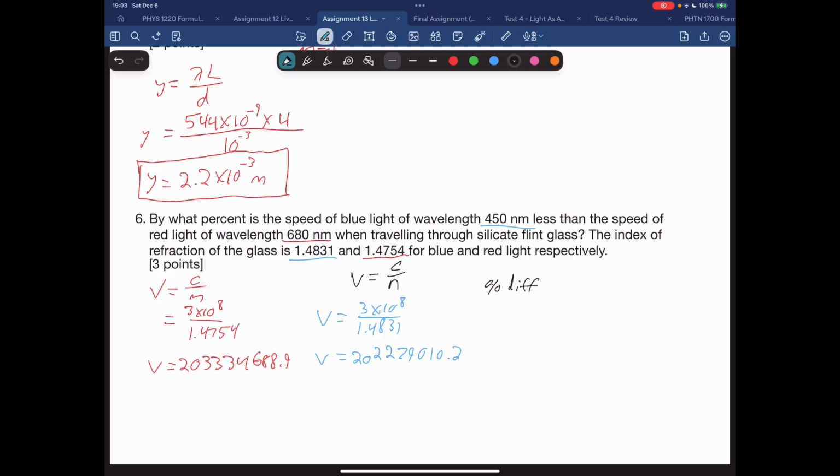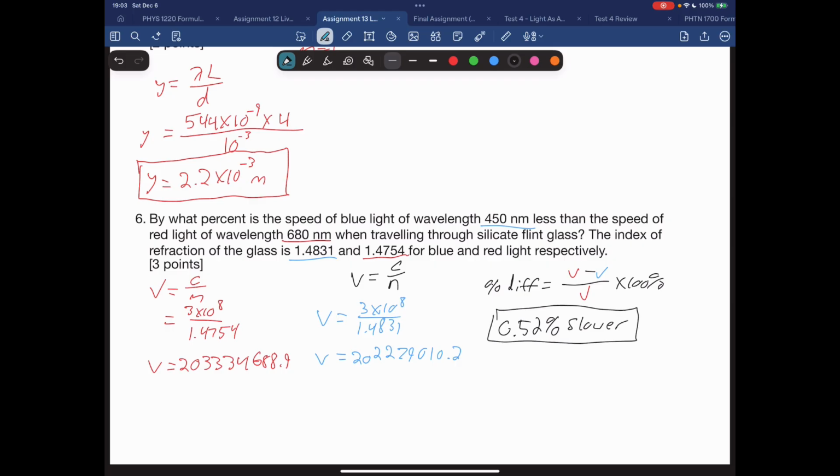So, percent difference formula. I end up getting a final answer here of 0.52% slower.